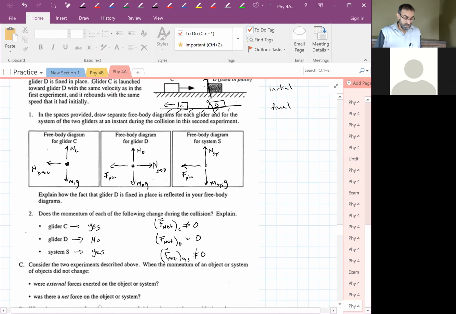So if we look over these cases, the system would be moving, right? Because C is moving. The system has net motion because C is moving.